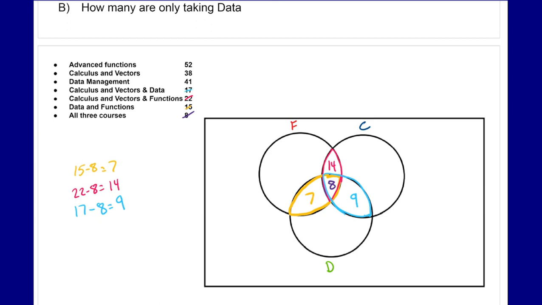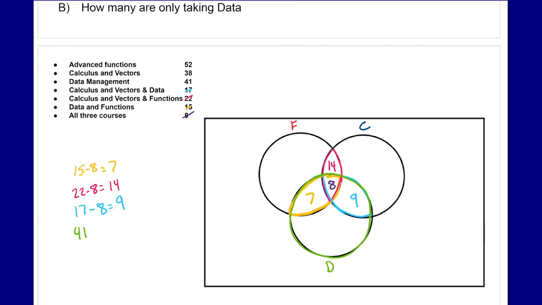Now that we've looked at those individual overlaps, we're going to look at the overall circle. For data, this overall circle here, in total, there are 41 students.